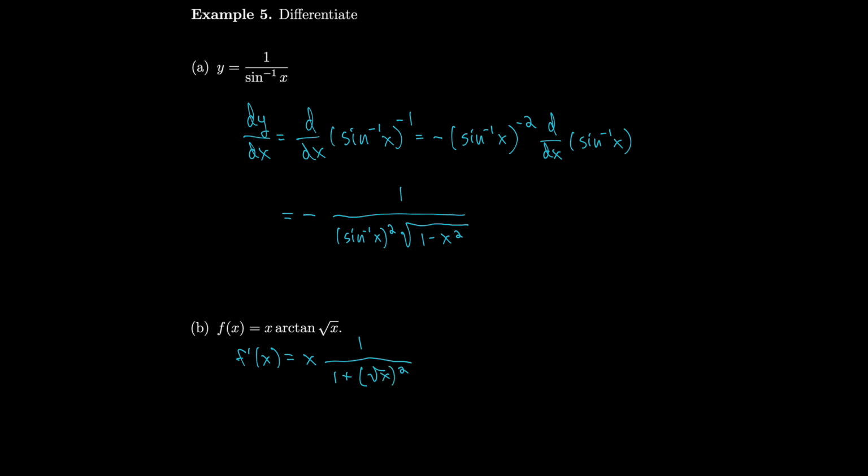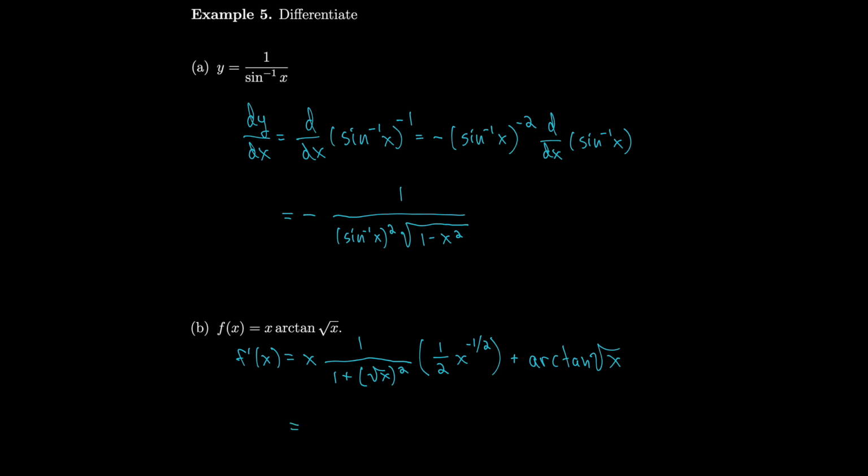But then it wasn't arctangent of x, it was arctangent of square root, so we have to use the chain rule and multiply by the derivative of square root of x, which is half x to the minus 1 over 2. For the second half of the product rule, we take the derivative of x, we get 1, so we just keep arctangent of square root of x.